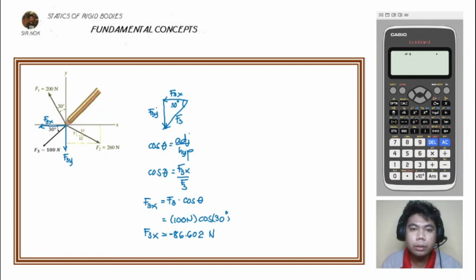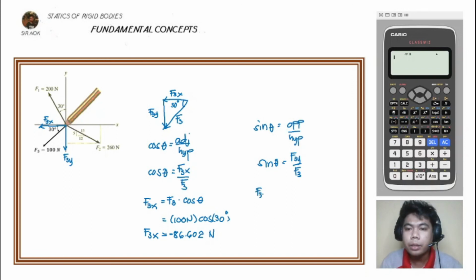The next, solving for the y component, F3y. F3y is the opposite side of the angle 30. So we have sine theta is equal to opposite over hypotenuse. So sine theta is equal to F3y over F3. So F3y is equal to F3 times sine theta.